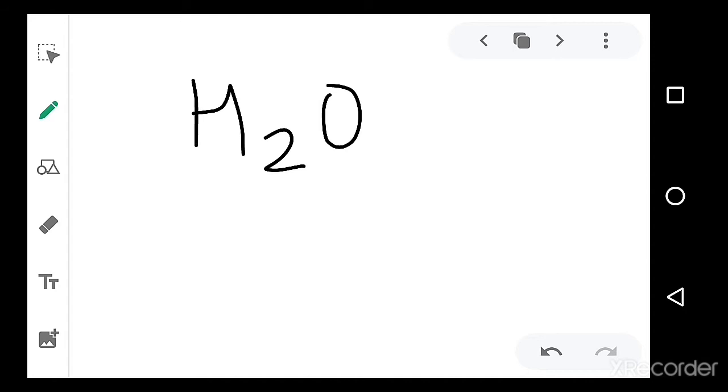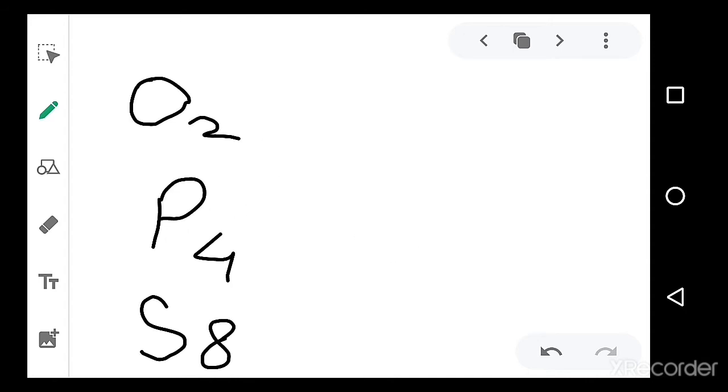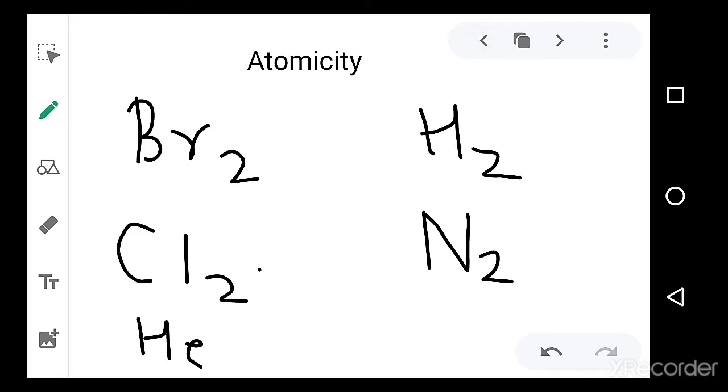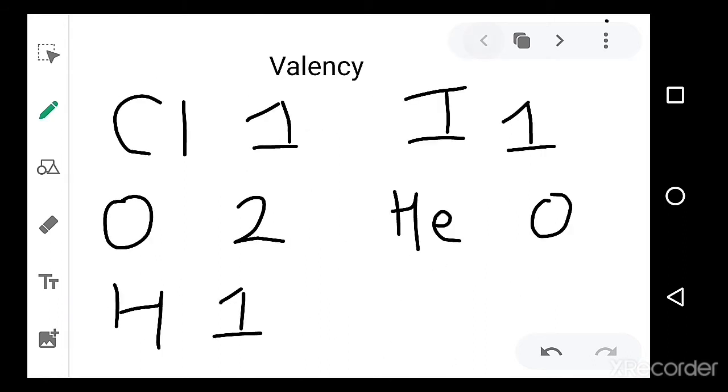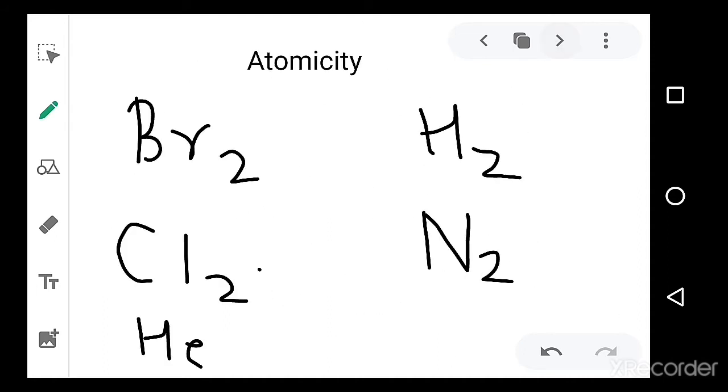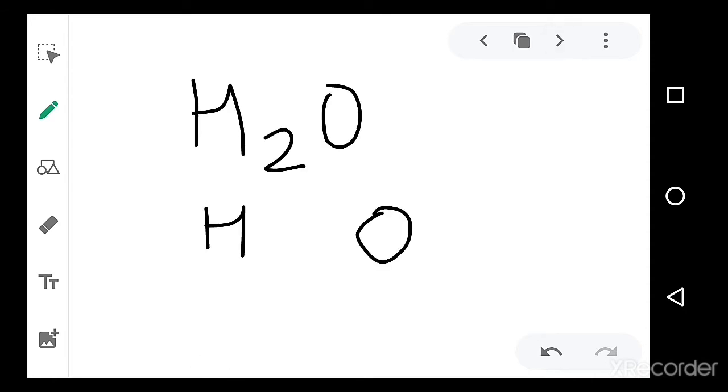So in water, H and O are the 2 elements. Now you can check in the previous slide. For hydrogen, valency is 1, and for oxygen valency is 2. Hydrogen valency is 1, oxygen valency is 2.